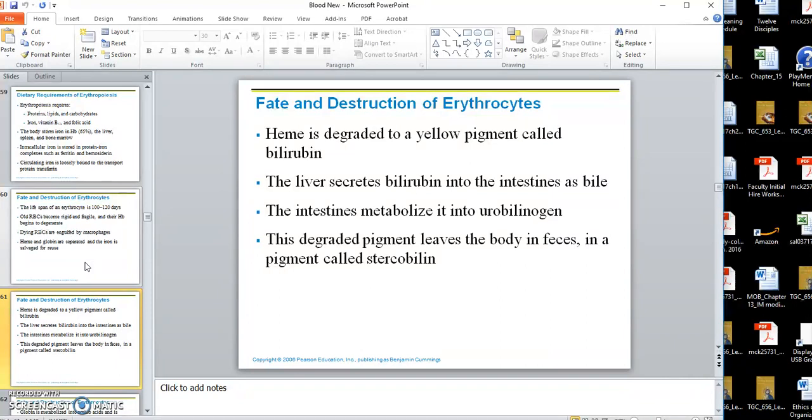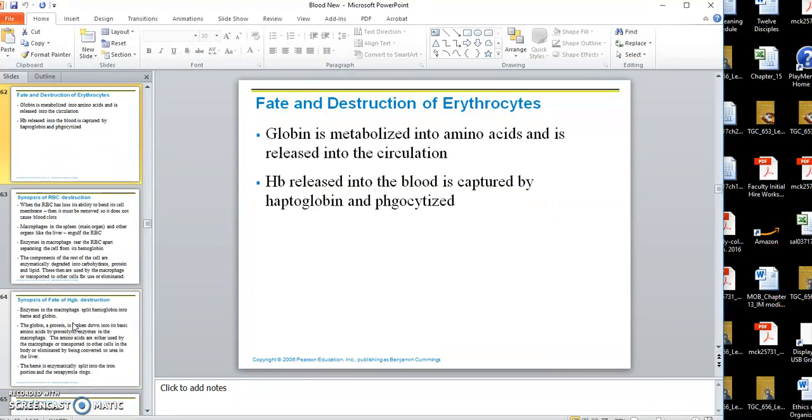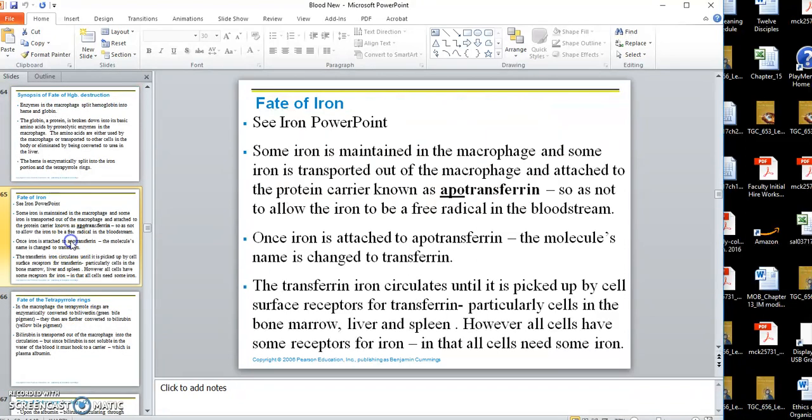Okay. Now we have the tetrapyrrole rings, which is the heme. From the tetrapyrrole rings, the heme is broken down. The iron is plucked out, as you can see, fate of iron. And then, as you can read, the iron is transported around to cells that need it, and is stored or, in some cases, utilized.